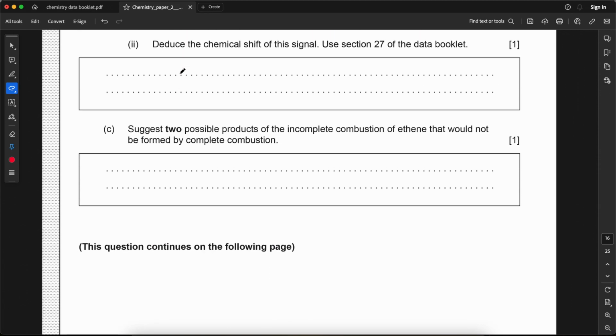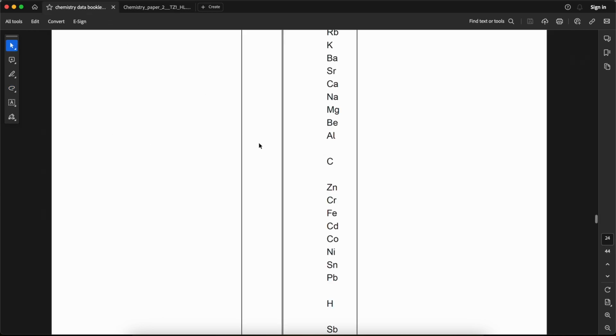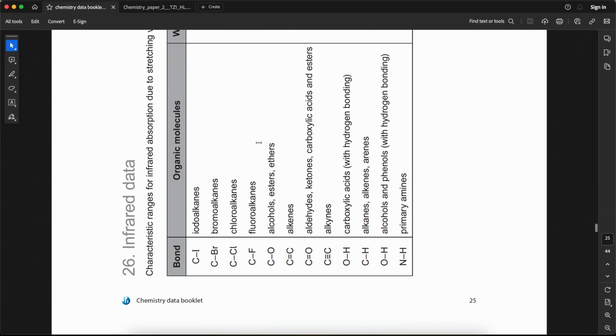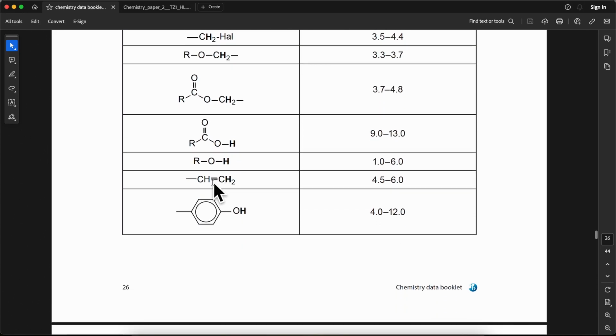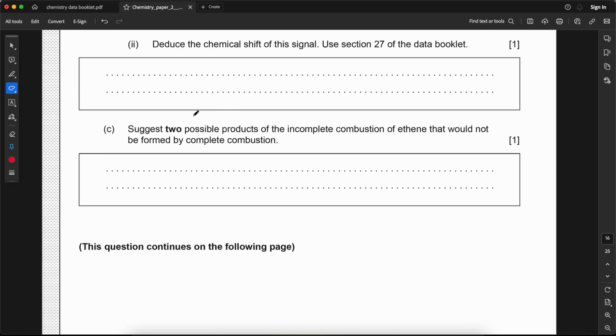Deduce the chemical shift of this signal. If we check section 27, that would be 4.5 to 6 because it's an alkene. So the answer will be chemical shift at 4.5 to 6.0 ppm.